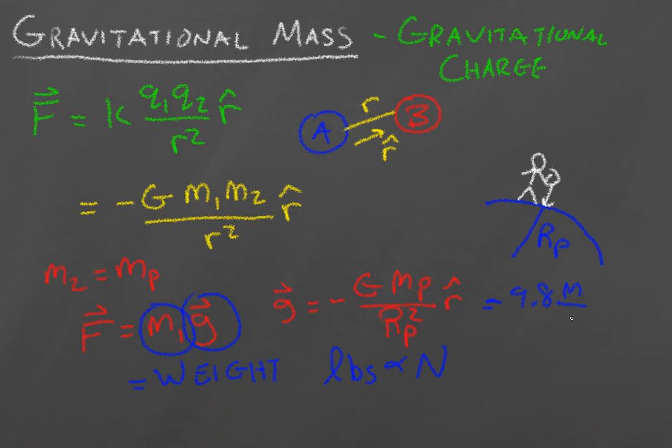I'm sorry, 9.8 newtons per kilogram, which is a meter per second squared. But this is just on Earth, right? So in this case I'm writing g on Earth, but on every planet, on every object, this g would be different. But whenever we're talking about experiments going on Earth, like our weight on Earth, it's the mass times this g on Earth.